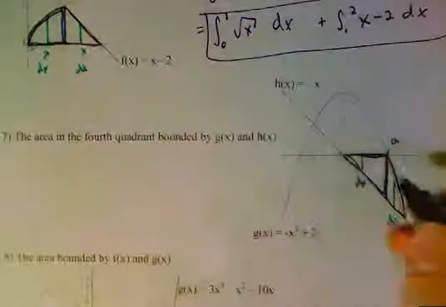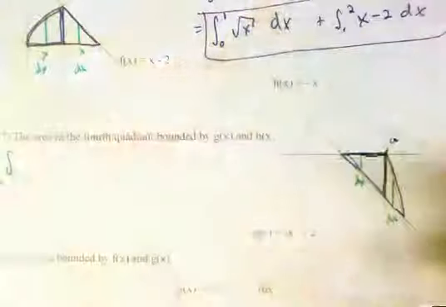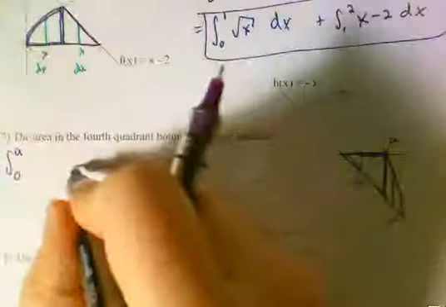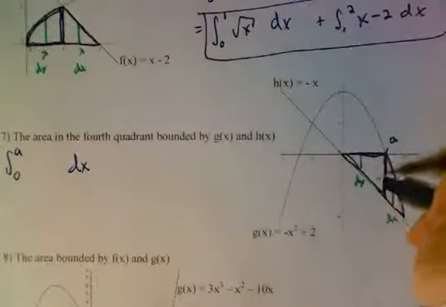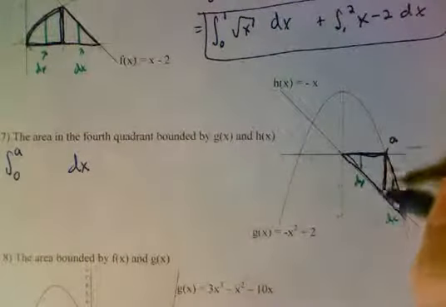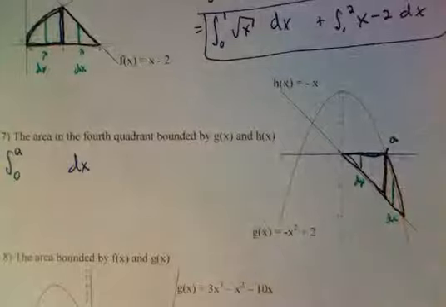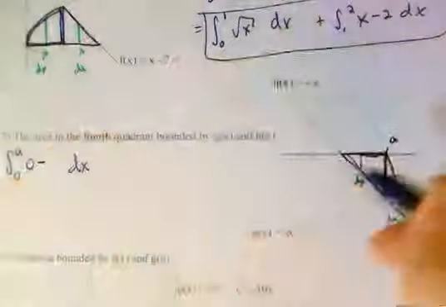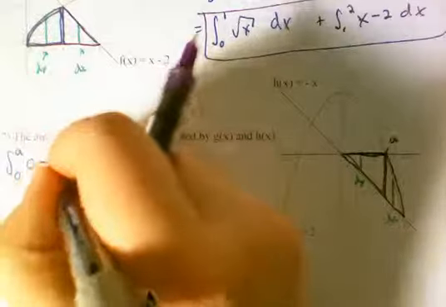And I'm going to say that this first one, I can see that I'm starting at 0 and ending at whatever a is. It's a dx. And I'm going to take this top one and then subtract this bottom one. So this top line is just at y equals 0, so 0 minus h of x.